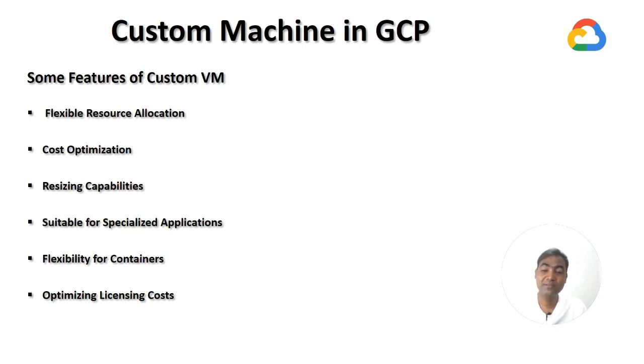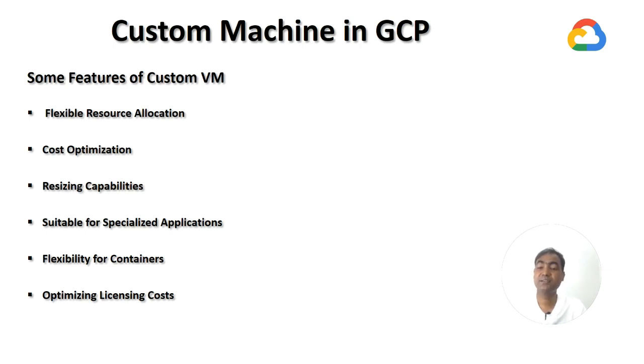With custom VMs, users have the ability to define the exact number of vCPU and the amount of memory in GB that the VM should have. This is the flexible resource allocation, guys. The cost optimization, as you know, a custom VM can be more cost effective compared to the predefined machine types, especially when the workload has specific resource requirements that do not align with the standard configuration.